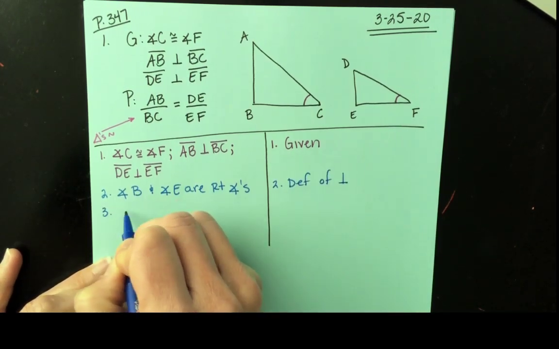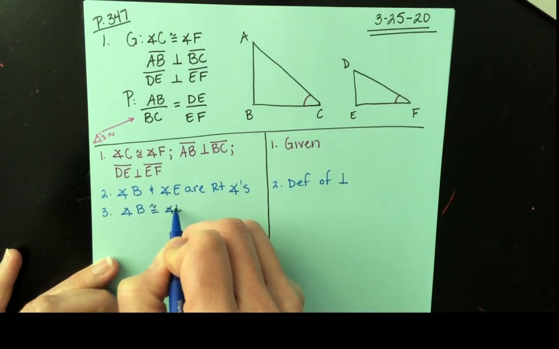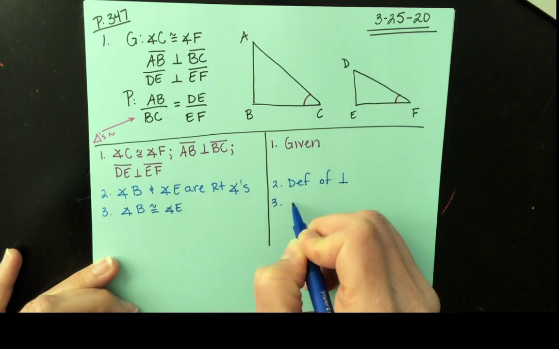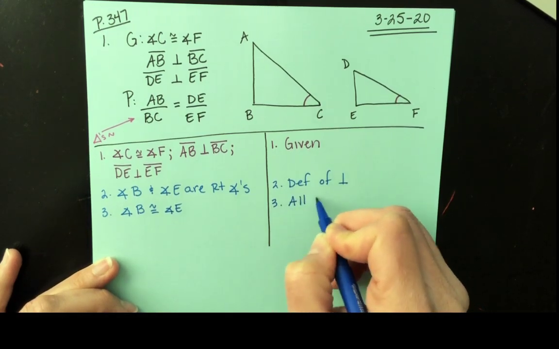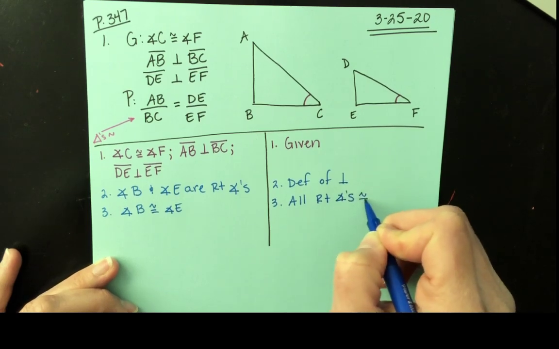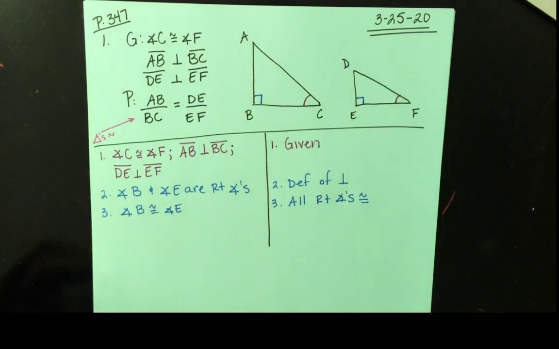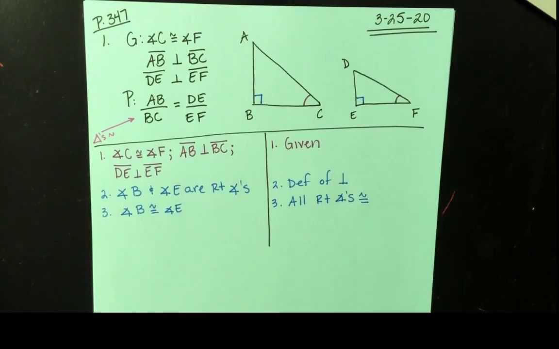And because they're right angles, I can now say they're congruent because all right angles are congruent. And now I can put my tick marks in so that I don't do it too soon and forget these 2 very important lines. That's stuff that was still happening, so I wanted to make sure that we address that.